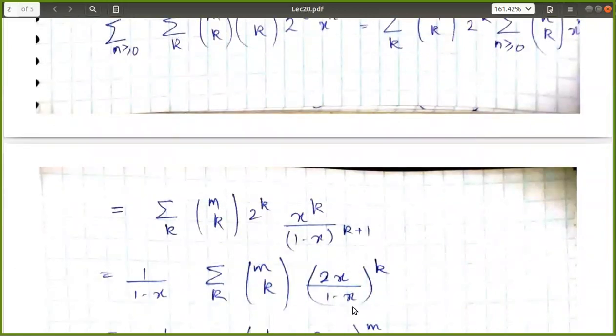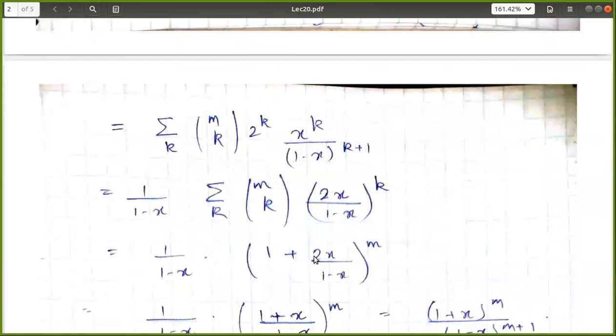And now what is this? This is 1 plus that term 2x by 1 minus x whole power m. So it is 1 plus 2x by 1 minus x whole raised to m. Solving this, you have 1 minus x plus 2x.